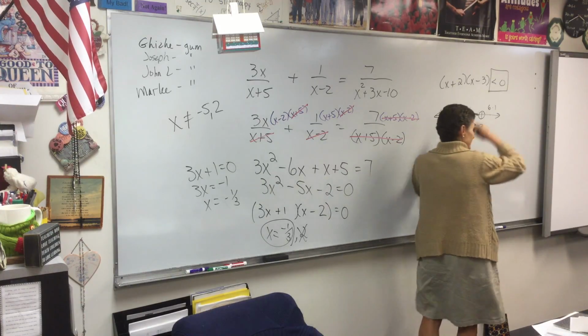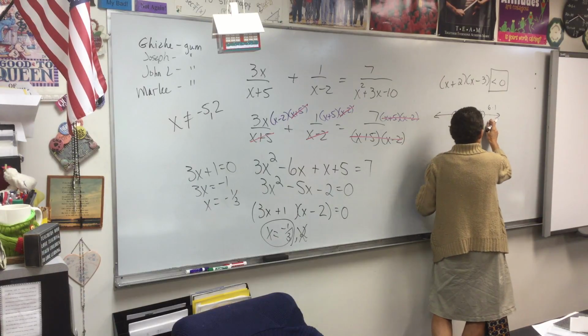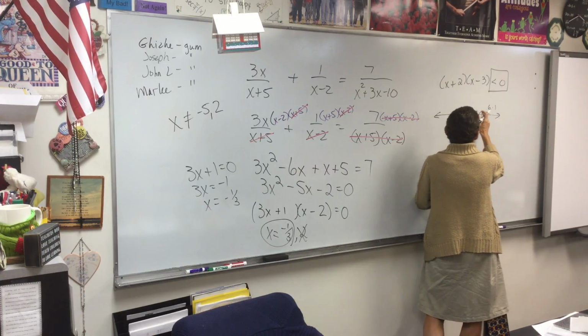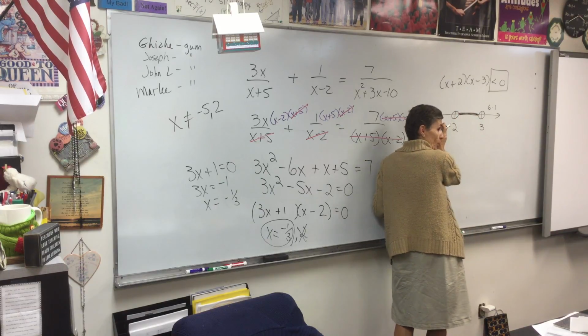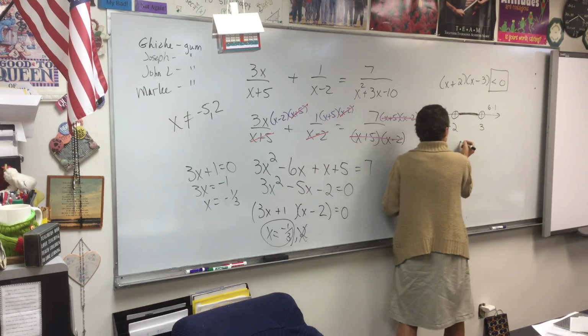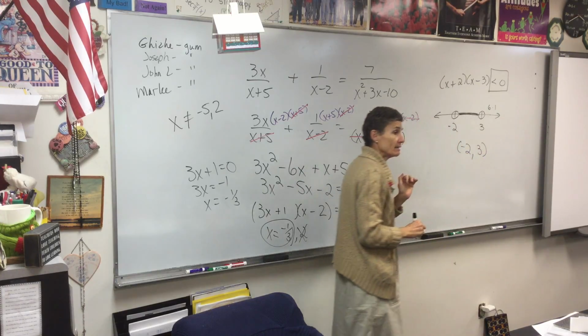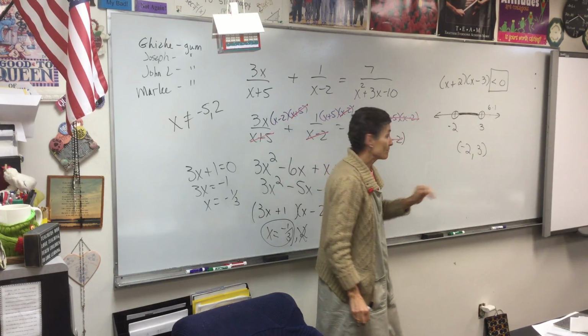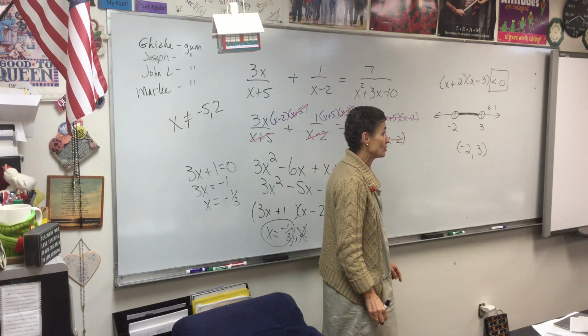So we picked a number, and you can choose any number you want. You picked a number here. It didn't work. That means this chunk will work and this chunk won't. So your answer is all the numbers between -2 and 3. That's my interval notation. That means all the numbers between -2 and 3.